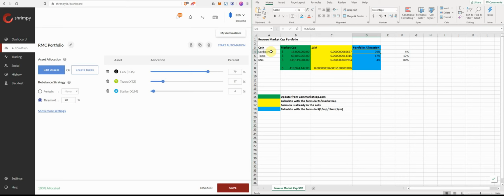My plan with this portfolio is, I think we've got a lot of room to run on these holdings, and I think it could be over several months, six months, a year. I don't know how high these things are going to go, but I want to play that swing. There's going to be ups and downs, and this automation software is going to keep everything in line.